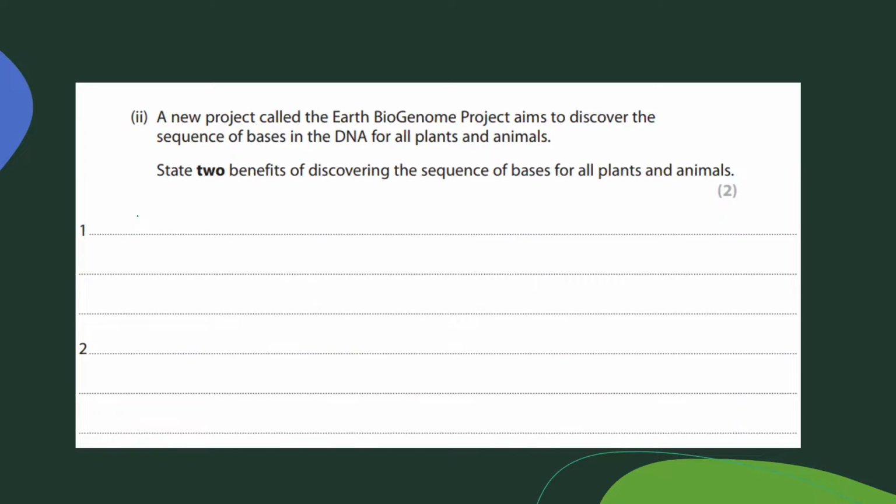So we can discover which organisms are related. This is important with plants.